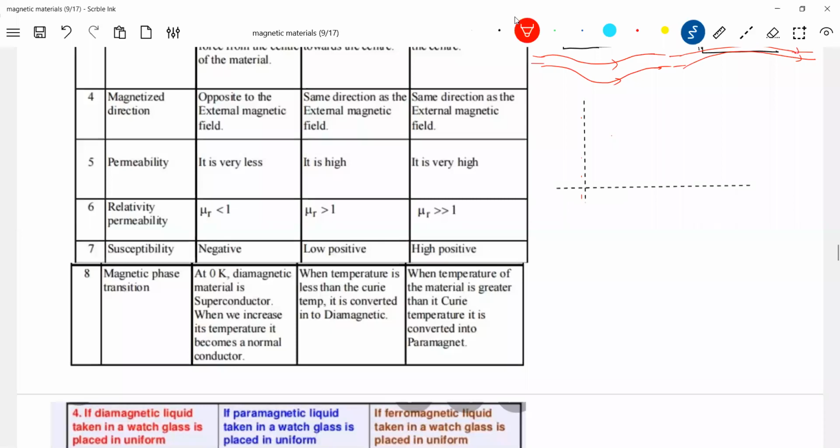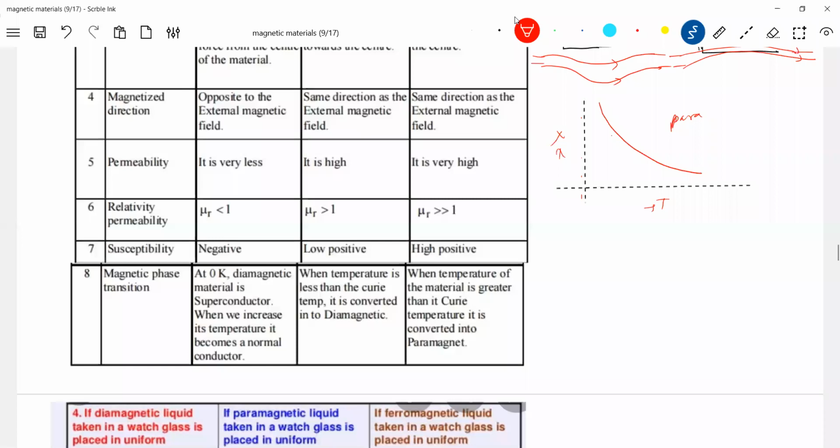So if you look at the curve, it will be like this. This is for paramagnetic. When the temperature is less than Curie temperature, it is converted into diamagnetic substance. Not all, few are there. So let it be just put in graph like this.